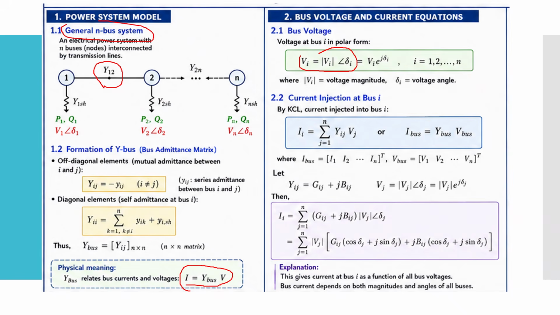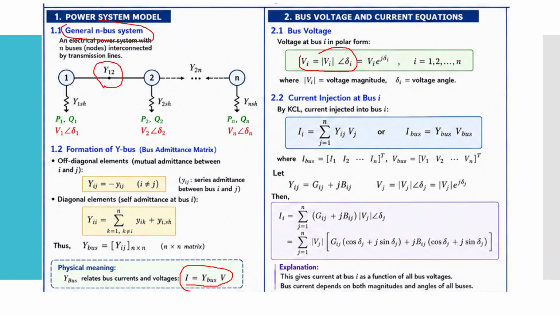This means e to the j delta i can be written in complex form as cosine plus j sine. So we can obtain the voltage and current relation by using KCL, considering the injected current at bus i is the same as the current that flows from the bus.